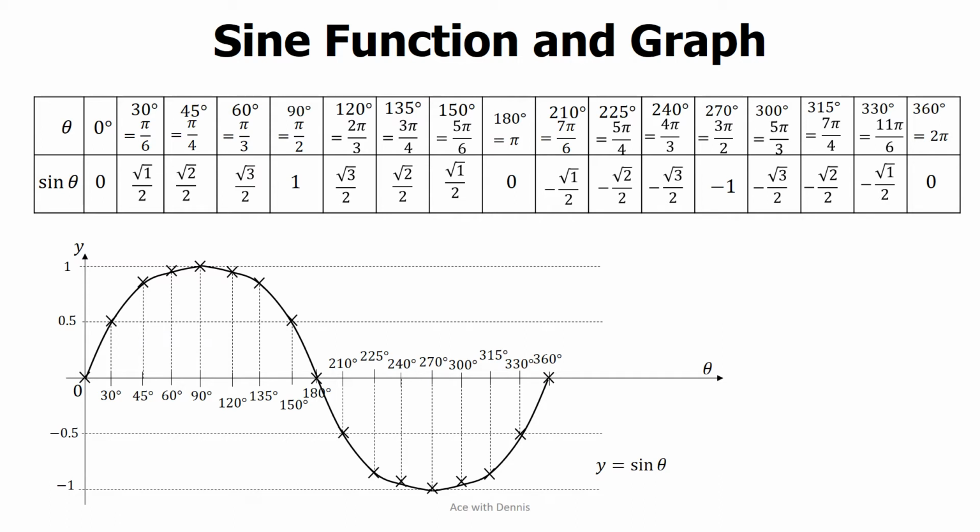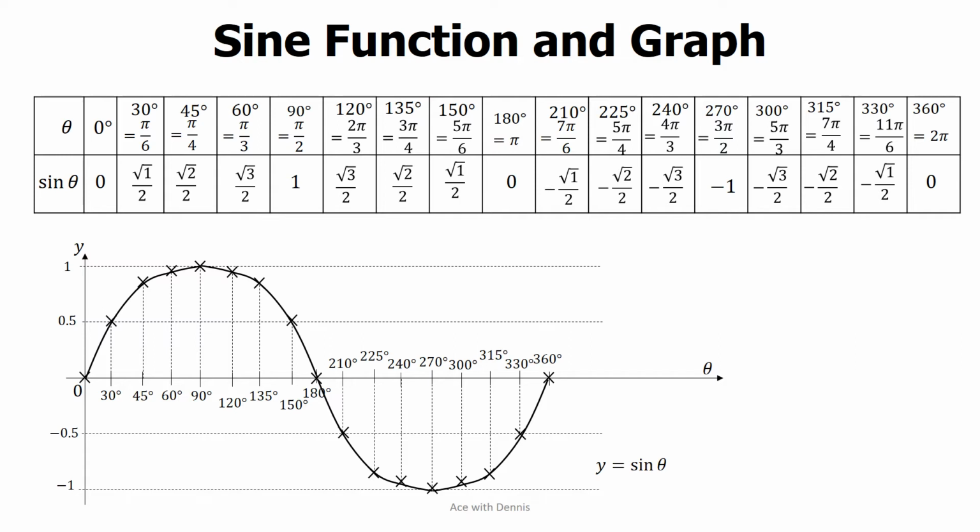Okay, now let's move on to the next angle, 210 degrees, which equals 7 pi over 6. The value is negative 1 over 2, which is negative 0.5, and the point is here. Move on to 225 degrees, which equals 5 pi over 4.